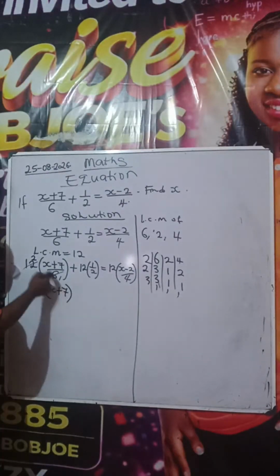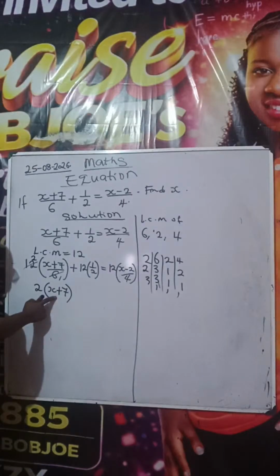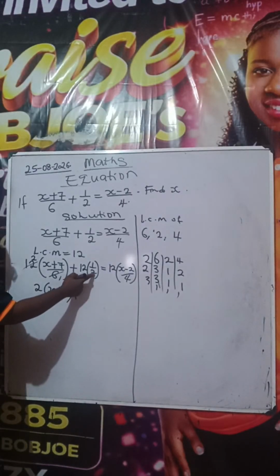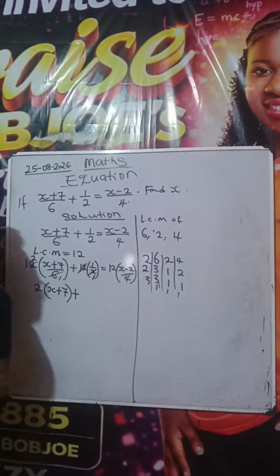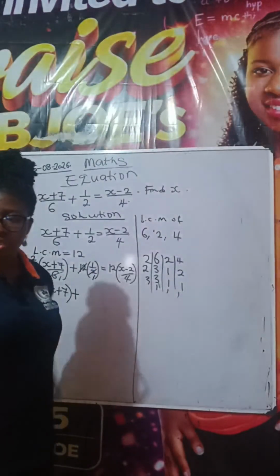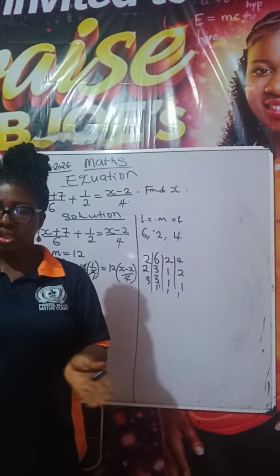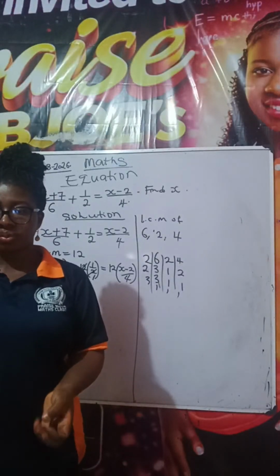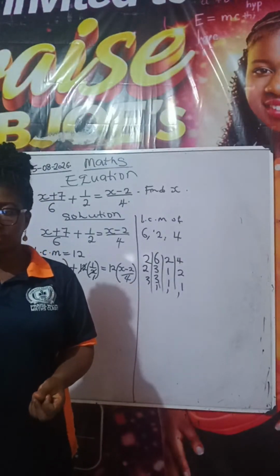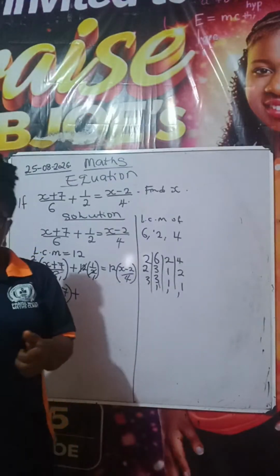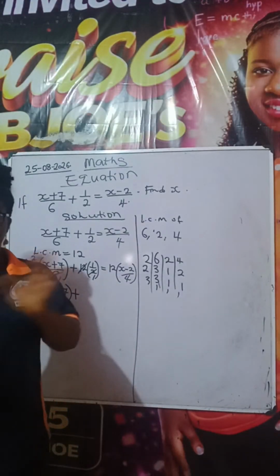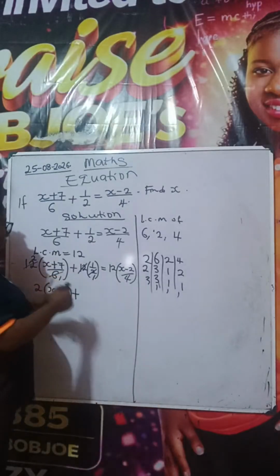Do you see? In this place there is no fraction again. Plus, use this 2 to divide it. 2 divides itself 1. How many 2 in 12? We have 6 times. Beautiful.